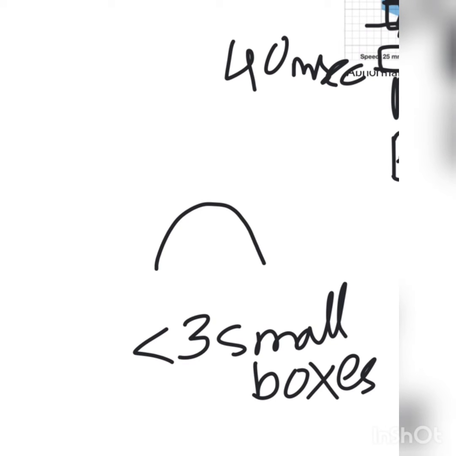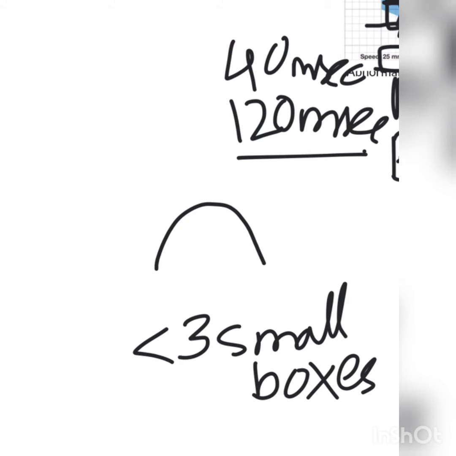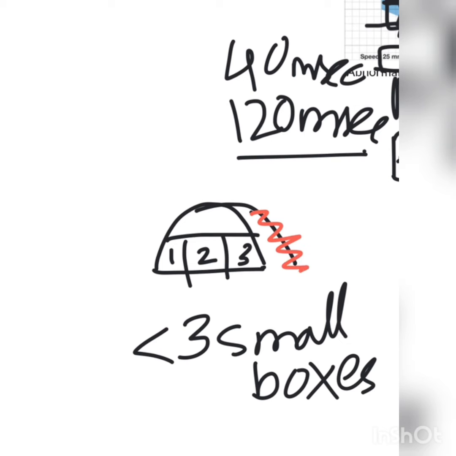Now 3 small boxes means less than 120 milliseconds. This is the normal duration. So 1 small box, 2 small boxes, and this is the third one. This should be the normal duration. It can be smaller than that, but when it's longer than that, it is abnormal.